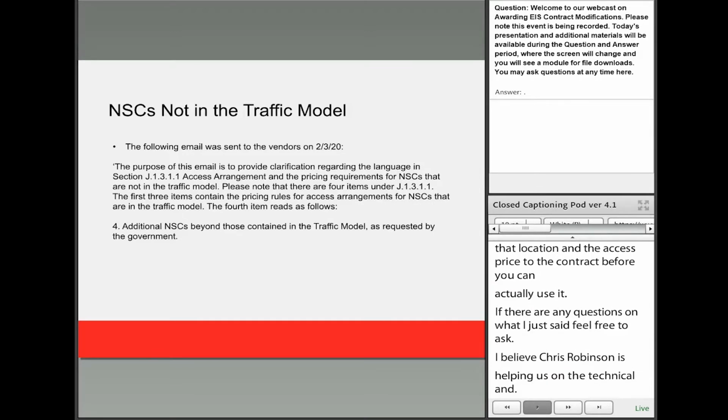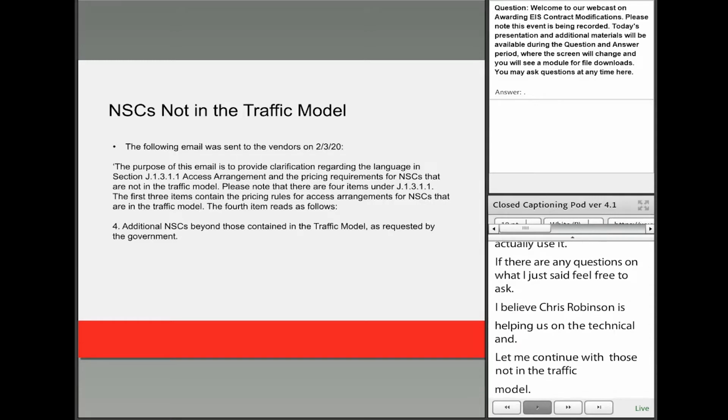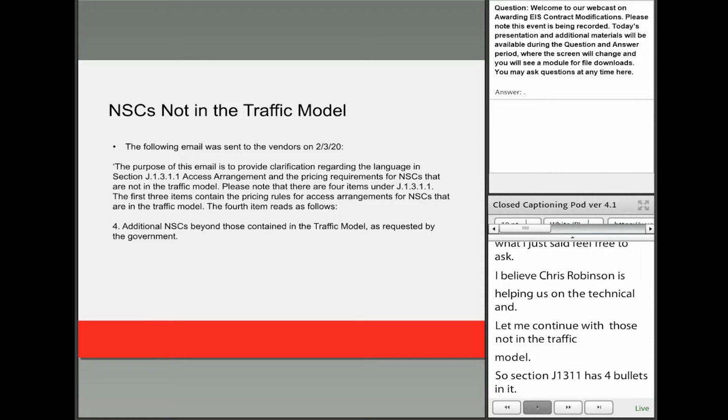Okay, well, let me continue with the NSCs not in the traffic model. So Section J.13.11 has 4 bullets in it. And the first 3 bullets state that the vendors were required to price all the access arrangements that were in the traffic model.